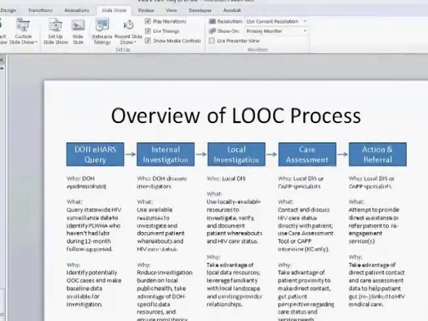So at that point, you can refer them to a Ryan White case manager or a patient navigator. As long as they give you their assent to doing that, then you can share information about that person that has that need with the agency in their locality that can help them.